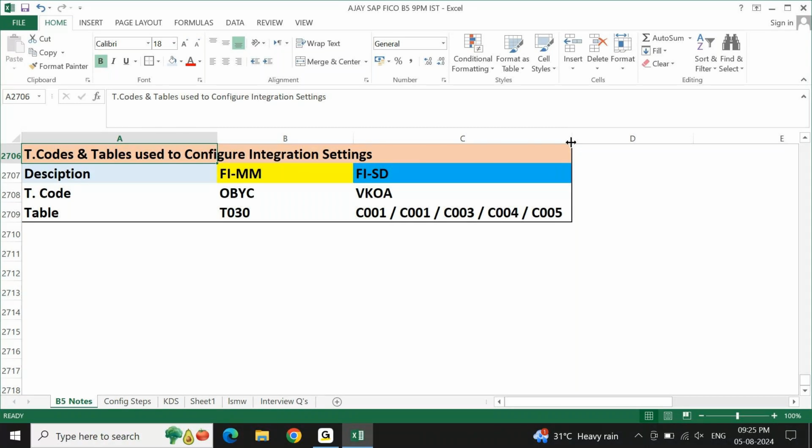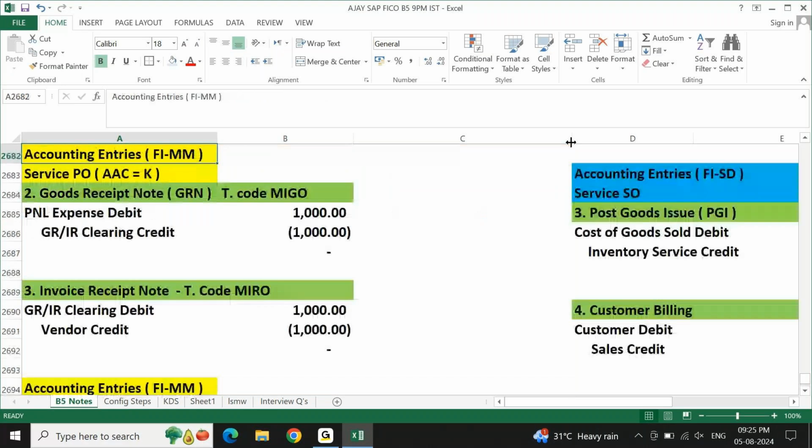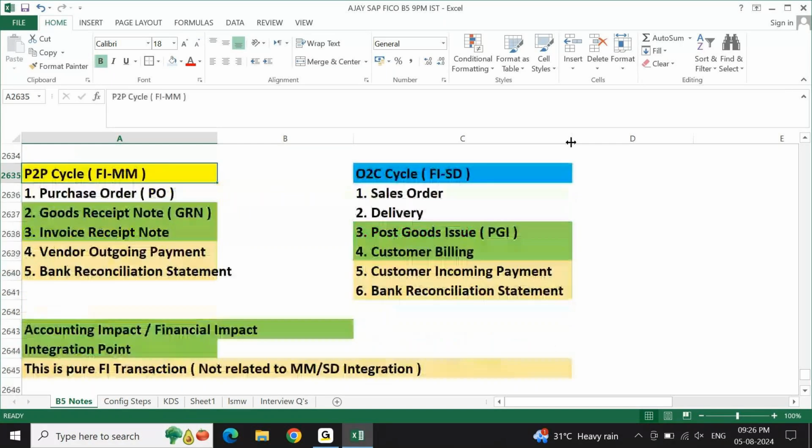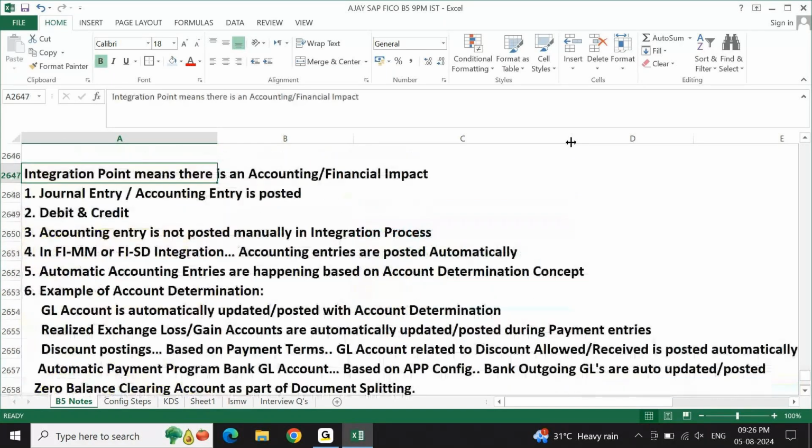Okay. At high level, if you scroll up, whatever the points that I have listed as part of FIMM integration, as part of FISD integration, these points are very important. I've listed only the points which are required at very basic level, without which you will not be able to understand FIMM, FISD integration in SAP. I have not listed everything.